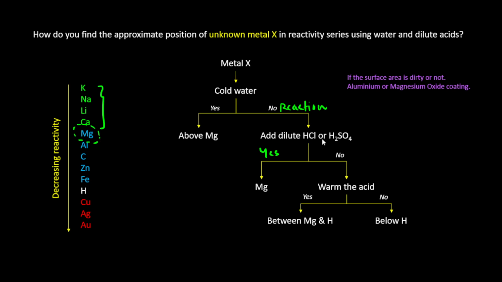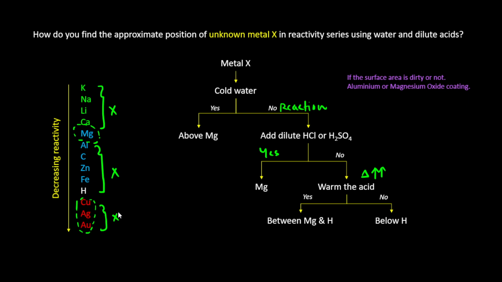But if there is no reaction with cold dilute hydrochloric acid or sulfuric acid, we're going to warm up the acid. And even then, if there is no reaction at all, for sure our metal X is below hydrogen in the reactivity series. But if our metal X reacts with warm acid, then we know that it is between here.